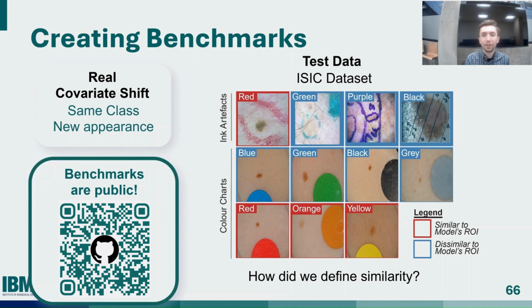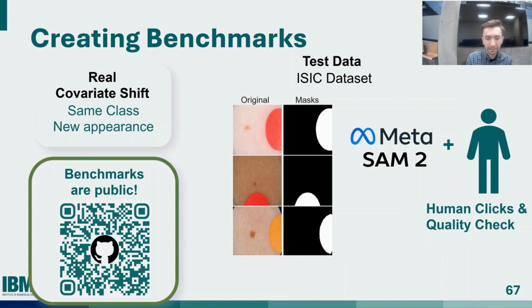The question is, how did we define similarity? Well, we had to operationalize similarity. We did this by segmenting the artifacts using SAM2 with human clicks and human quality checks to ensure the masks were appropriate.